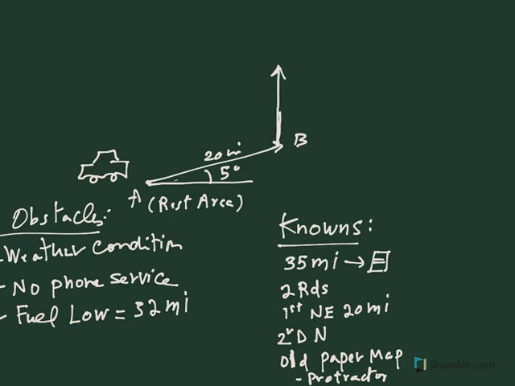So adding that second road head to tail, from the head of the initial vector, vector AB, to the tail of the second vector, I'm going to call the end of the second road point C, and that's where the gas station is. And so that's the two roads where they intersect.